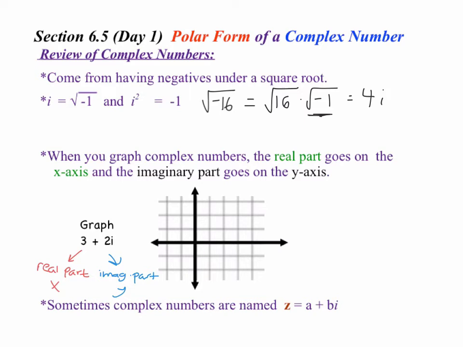So if I was going to plot the point 3 plus 2i, I would go 3 to the right, and then up 2 for the imaginary part, and that's what I would plot. We don't actually draw these lines, I was just doing that for demonstration purposes. So the point 3 plus 2i would be right there.